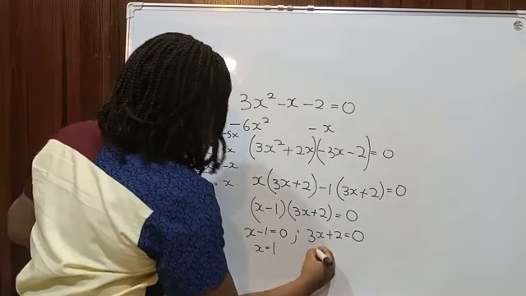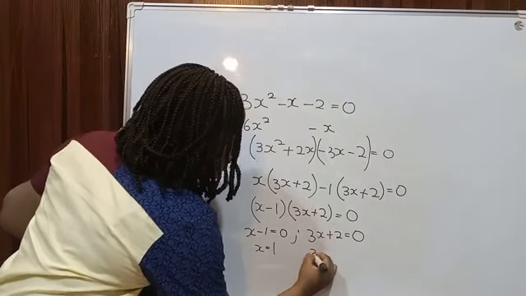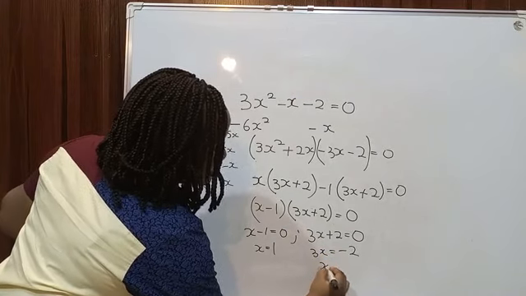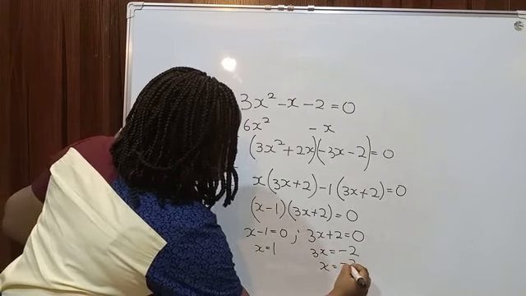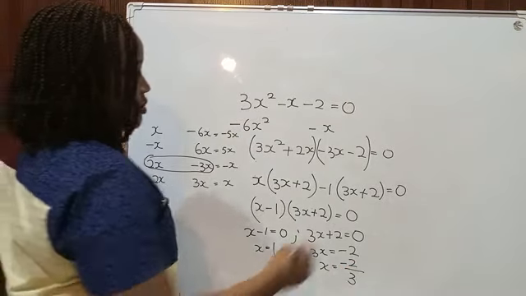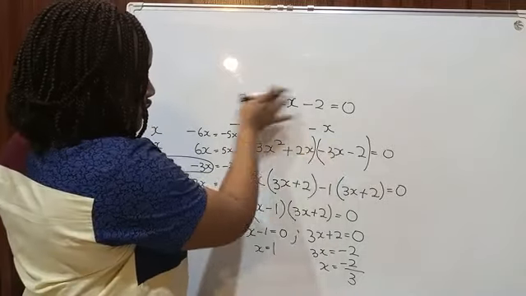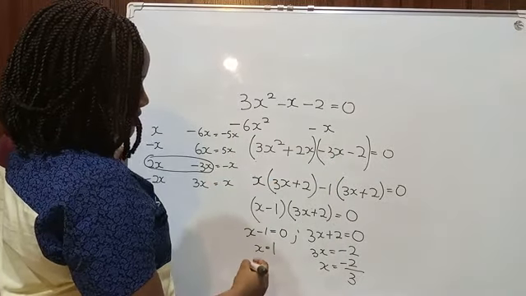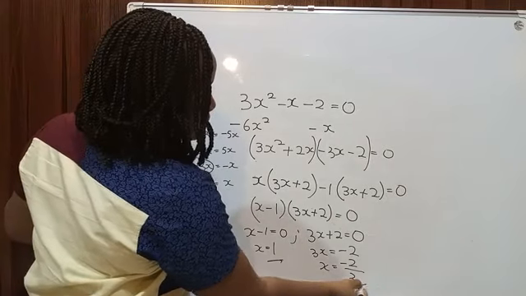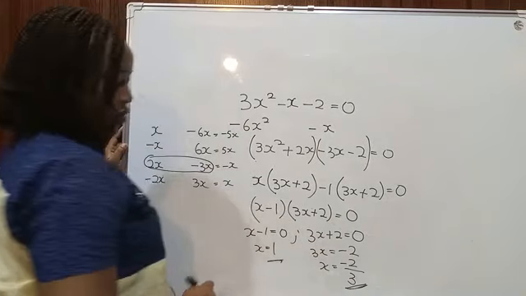Then 3x plus 2, you have 3x equals minus 2 and x equals minus 2 over 3. So for this equation, we have our x to be equal to 1 or equal to minus 2 over 3.